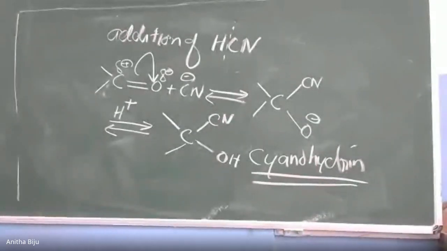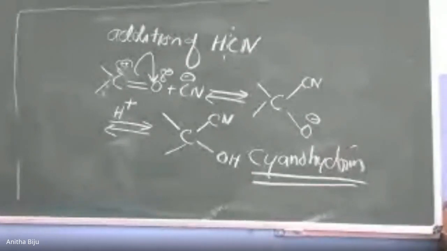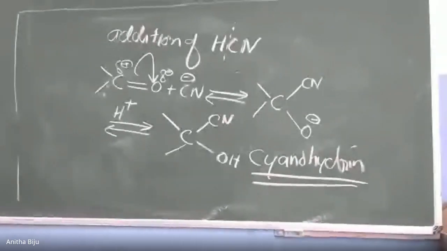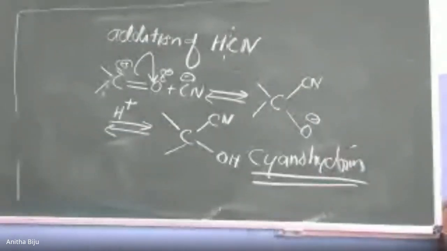But the base has no role in the reaction, it only speeds up the reaction. It can be catalyzed by a base so that the reaction speed will increase. This is the first addition, that is addition of hydrogen cyanide. Clear? Is it clear?